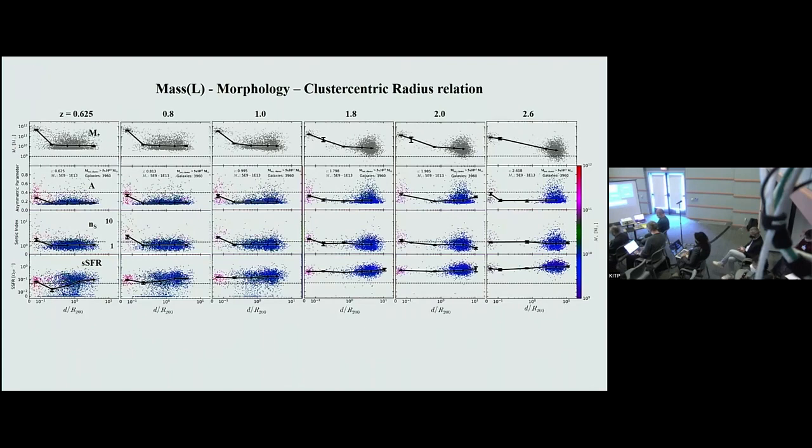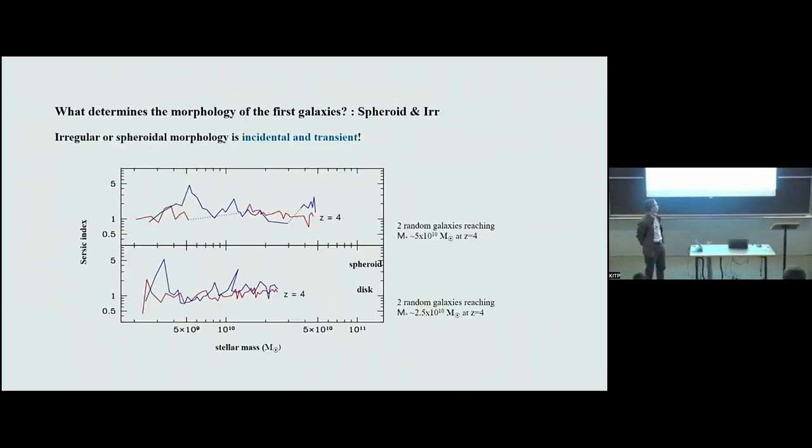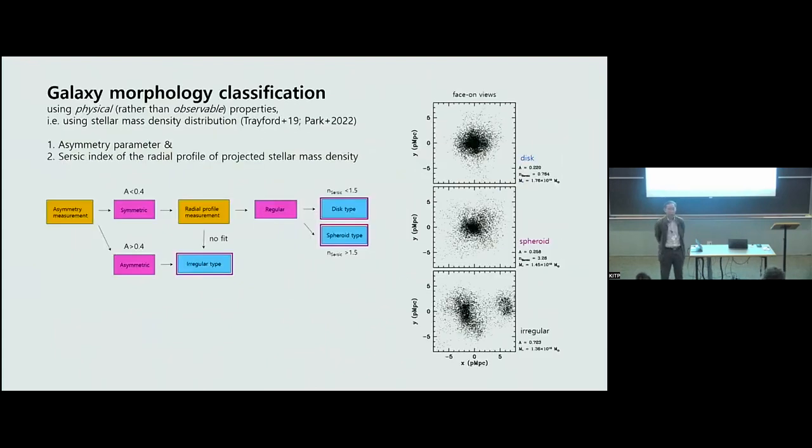Then is it reasonable to use the Sérsic index as a proxy for the intrinsic kinematic structure of galaxies with unstable morphology and kinematic structure?